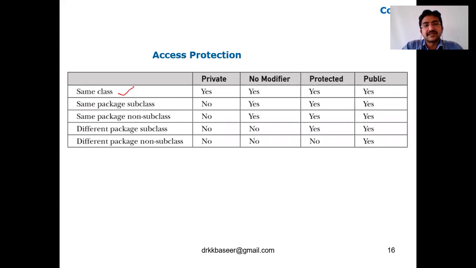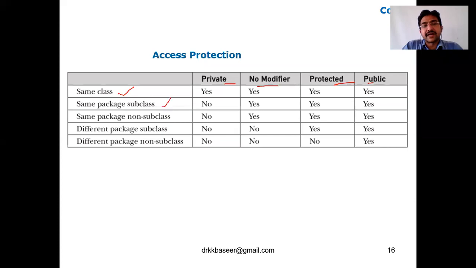In the same class, whether it is private, non-modifier, protected or public, all are yes. Within the same class, if you declare a method or data member as private, protected or public, anybody can access it because you are within the same class.